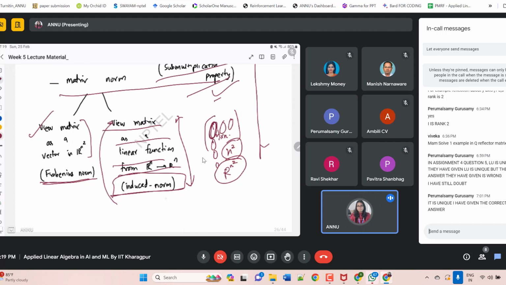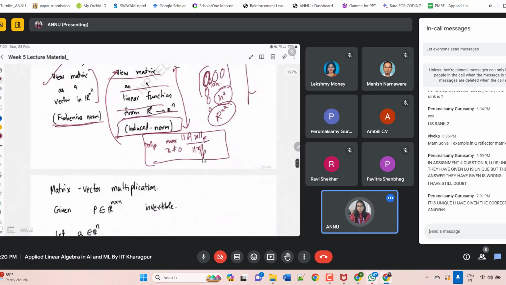What was the induced norm? Max over x not equal to 0 of the norm of Ax, for any p norm, divided by the p norm of x. We are trying to find the range. I hope this is clear up to this point.